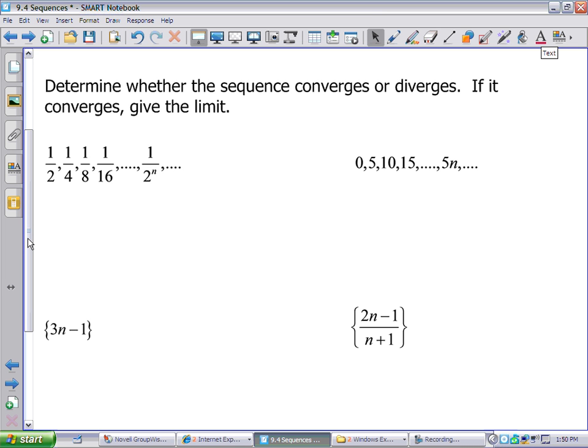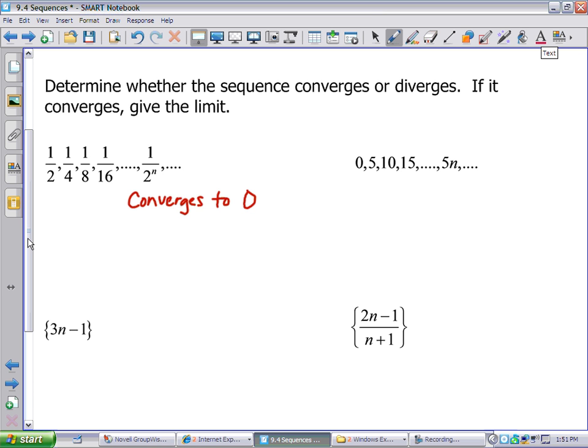The bigger that number gets in the denominator, the smaller the fraction gets, the closer it's going to get to 0. So this one, we're going to say converges. And they ask where it converges to, and it converges to 0.